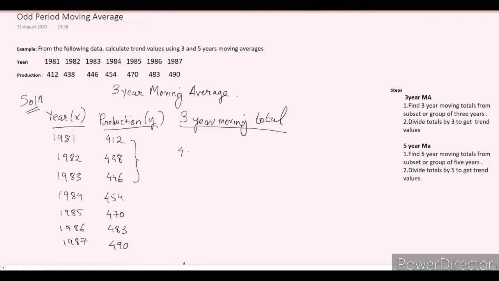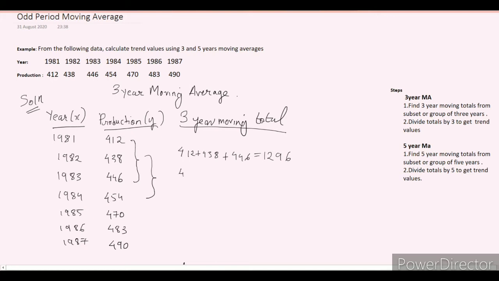So 412 plus 438 plus 446, what you get is 1296. Then the next group of 3 years, 1982, 83, 84. 83 will be the middle year, so your total will be placed against that.